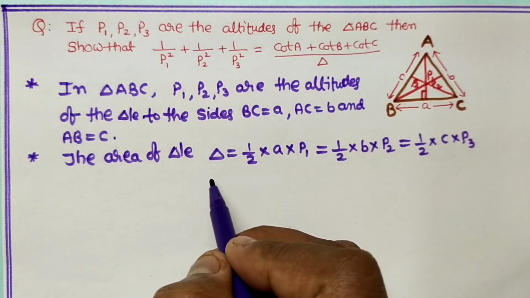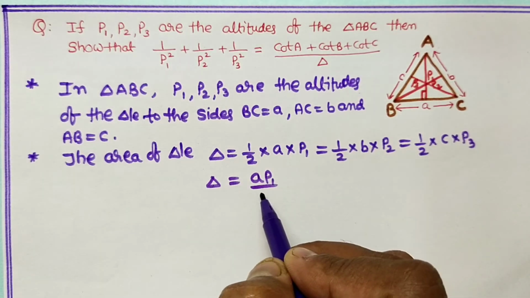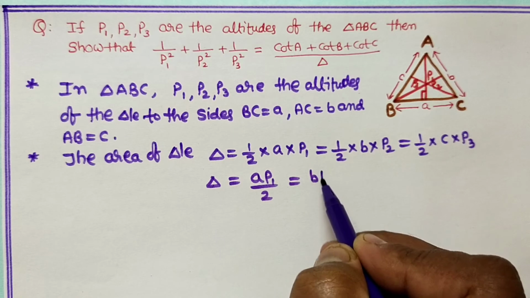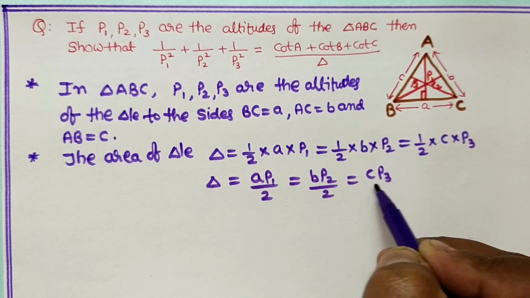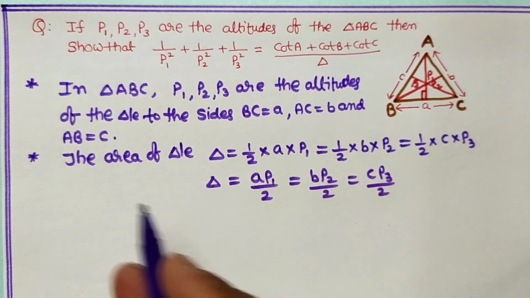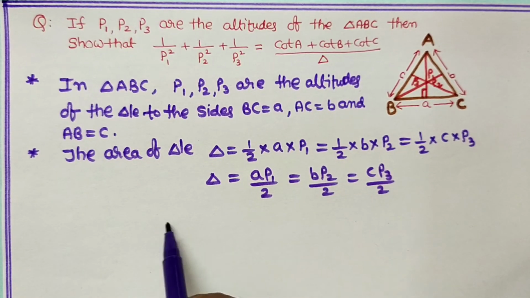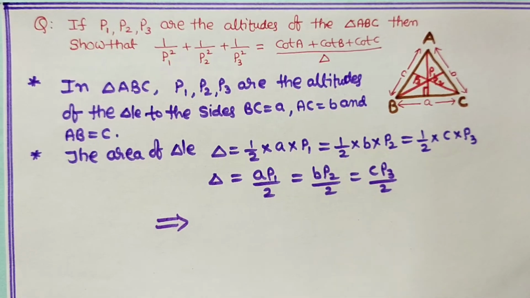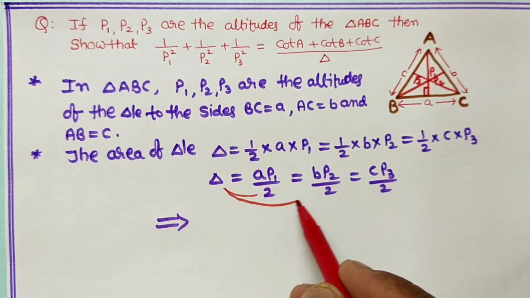So we can write delta equal to aP1 divided by 2 equal to bP2 divided by 2, which is equal to cP3 divided by 2. But from this we want P1, P2, P3. Cross multiplying each and every term, we have to equate, cross multiplying, equating these two.